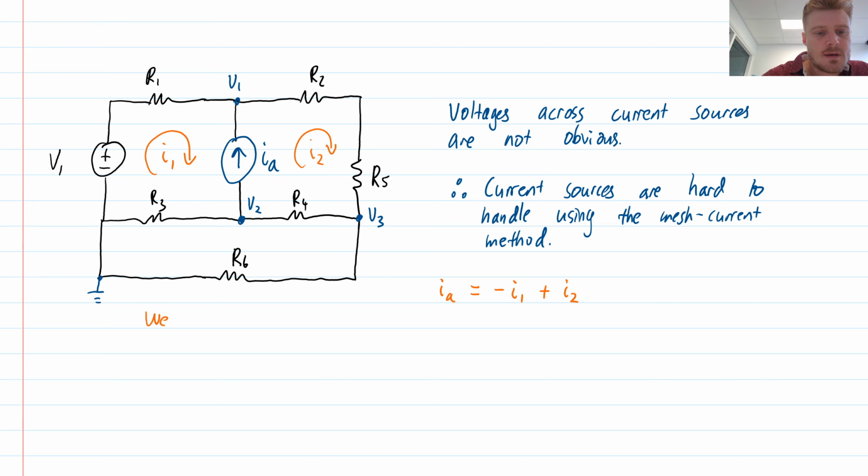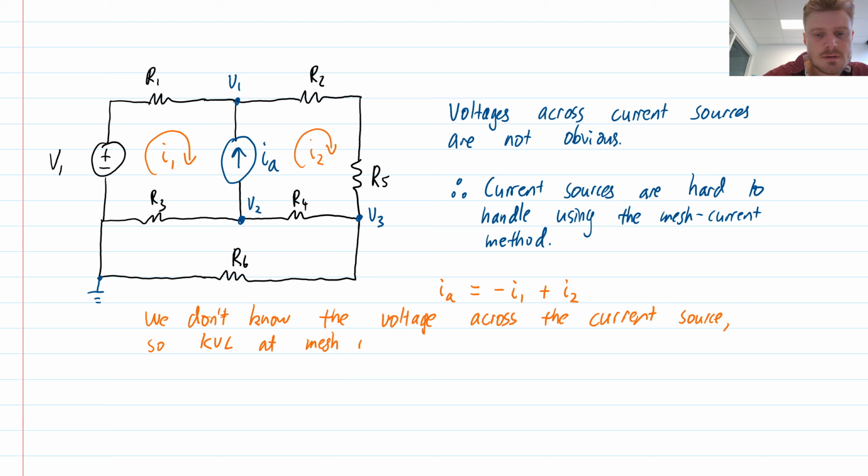So KVL at mesh I1 is not easy to write. I mean, we can define a voltage variable, but we can't really solve it.